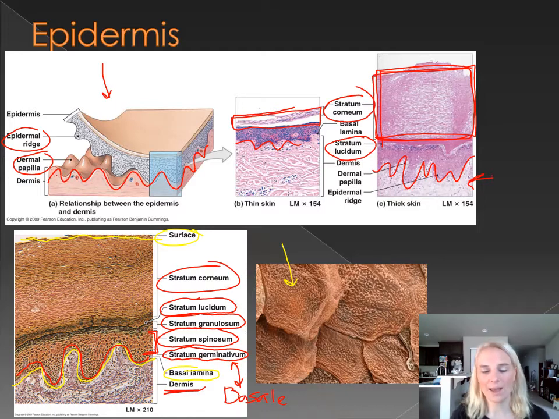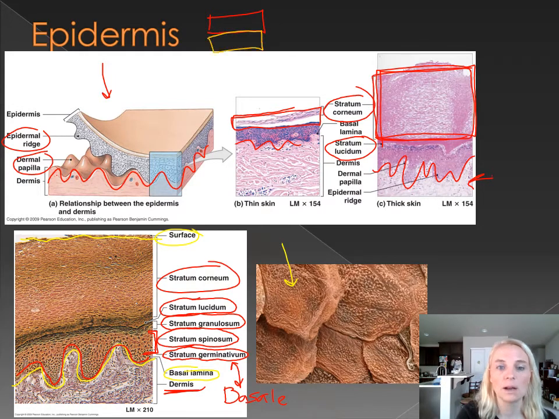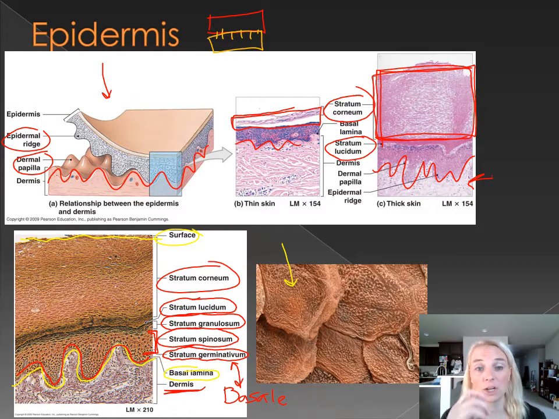Now you might be saying, well, why? Why are there bumps? Well, what we need to understand is the epidermis is connected to the dermis via that basal lamina, those hemidesmosomes. So if you had epidermis sitting on top of dermis right here, and this is the only amount of surface area that you had to make connections, that limits your amount of connections to hold your epidermis onto your dermis.